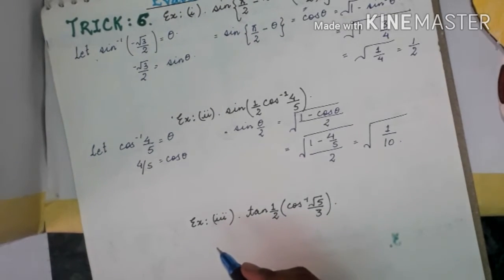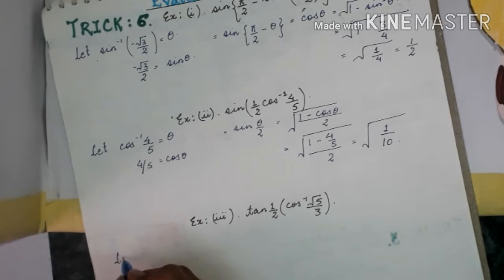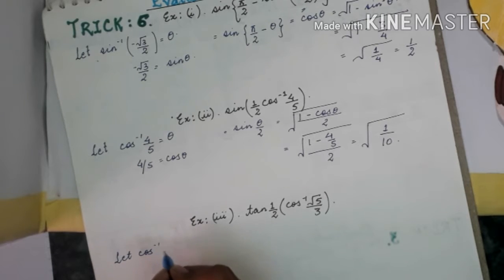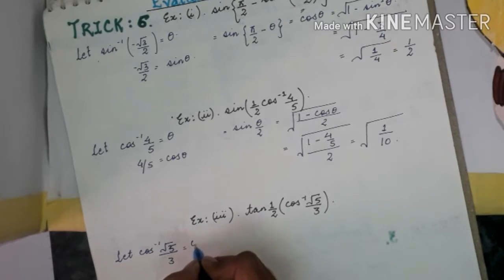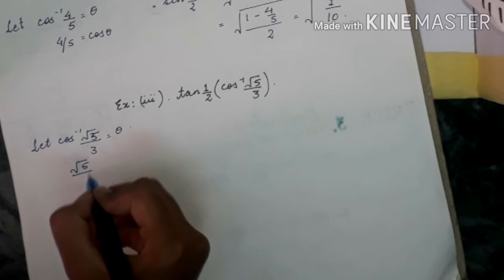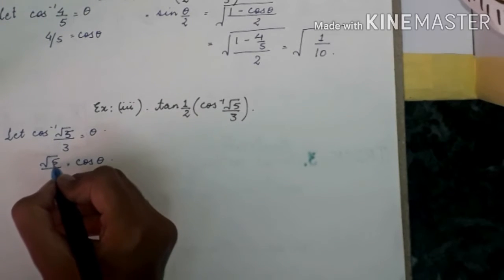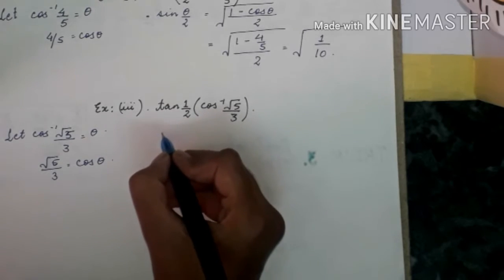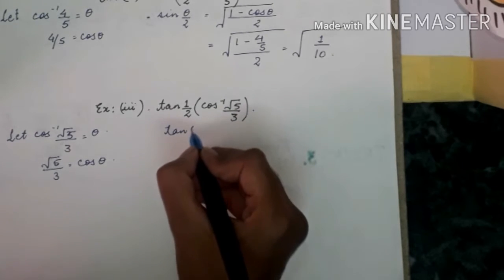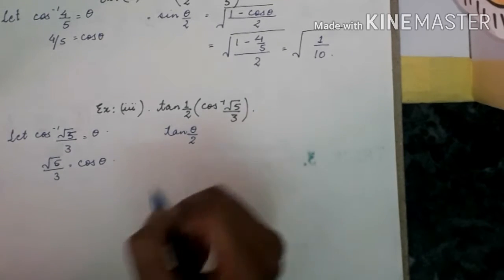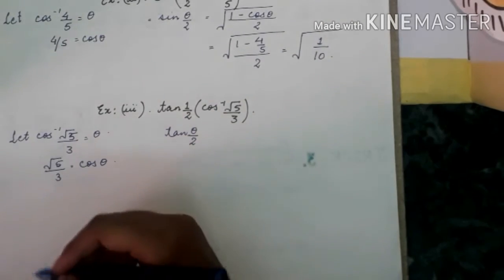Now in example 3 also, you will get to know about a new identity. Again, let cos inverse under root 5 by 3 be equal to theta. So under root 5 by 3 is equal to cos theta. In place of this, you can write theta by 2. Now you have to find tan theta by 2 when cos theta is given.